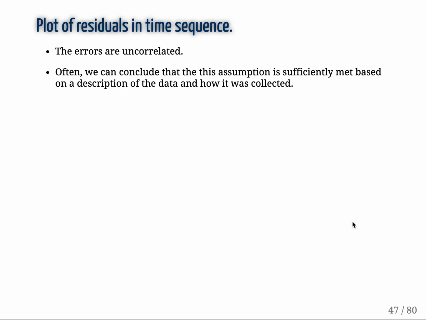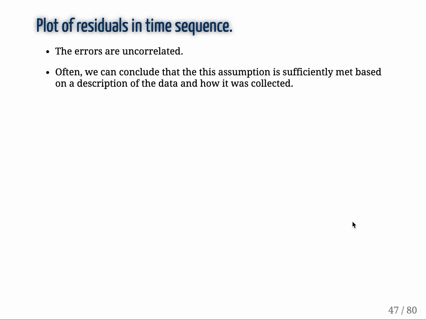Often we can conclude that the correlation assumption is sufficiently met based on a description of the data and how it was collected. If there is no time variable in the data set, then you can check if this assumption is sufficiently met based on the description of the data and how it was collected.